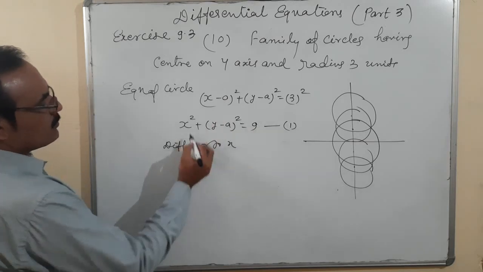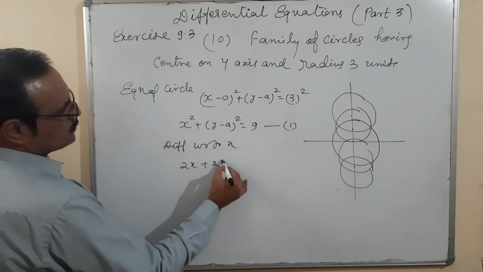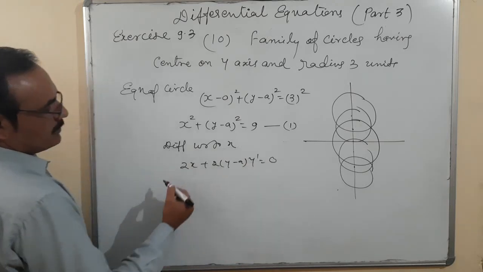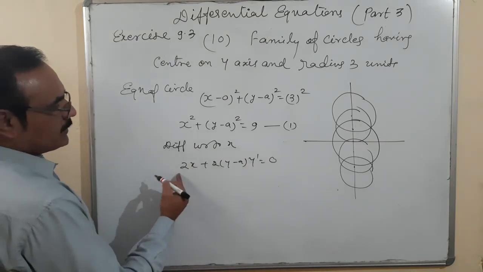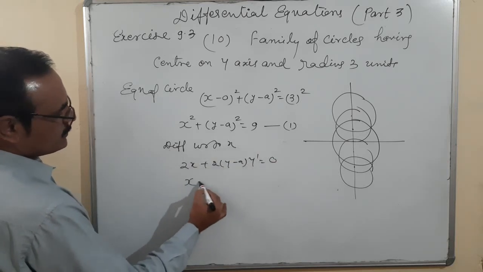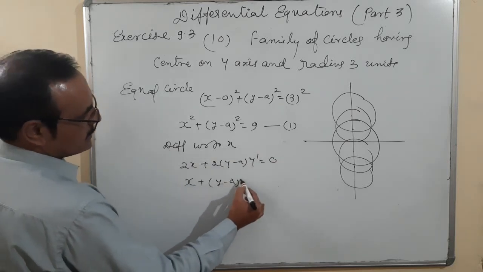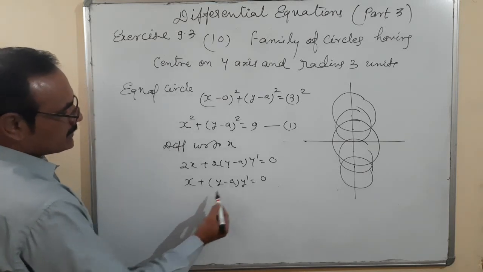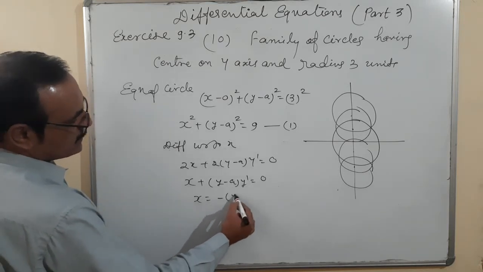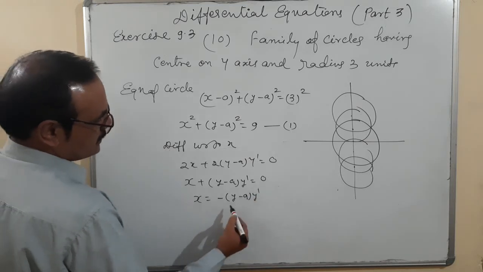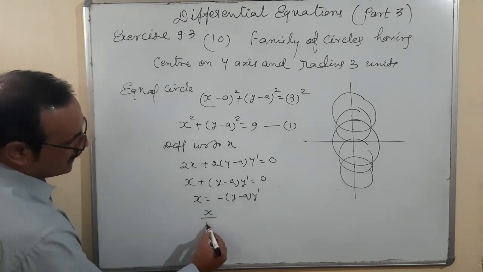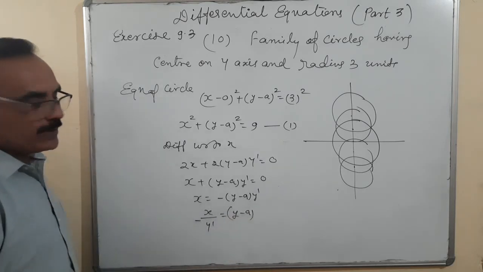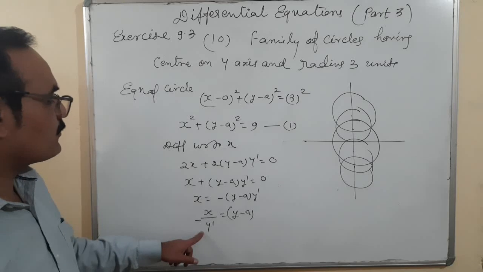Single differentiation is allowed. 2x plus 2 y minus a y dash is equal to 0. 2 will be common and shifting here. So x plus y minus a y dash is equal to 0. So directly I can find the value of y minus a. x is equal to minus y minus a y dash. Therefore minus x upon y dash is equal to y minus a.